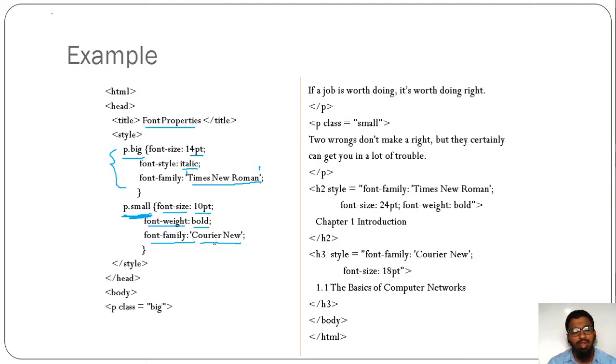So this is one of the font families. Whenever I call this class, p dot small, then this code will be executed, and if p dot big, then this style will be executed and it will display on the web page.